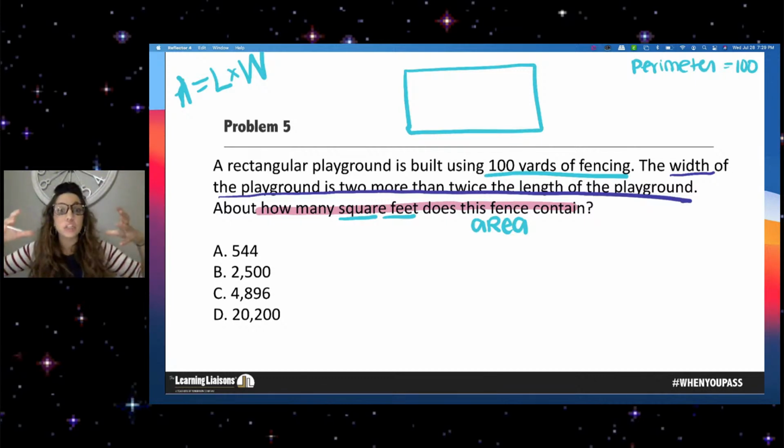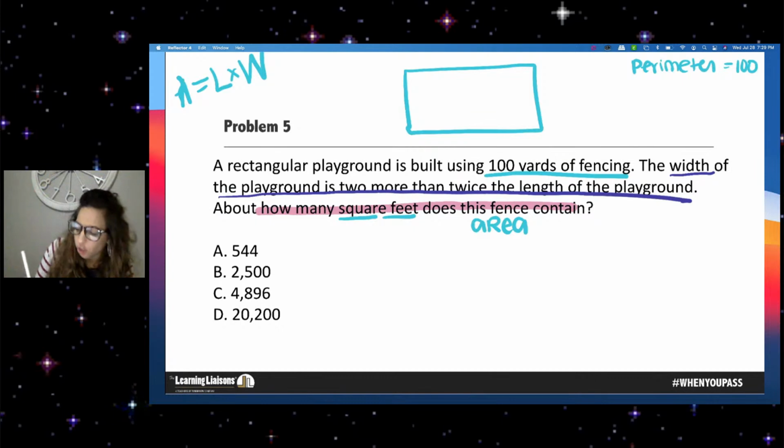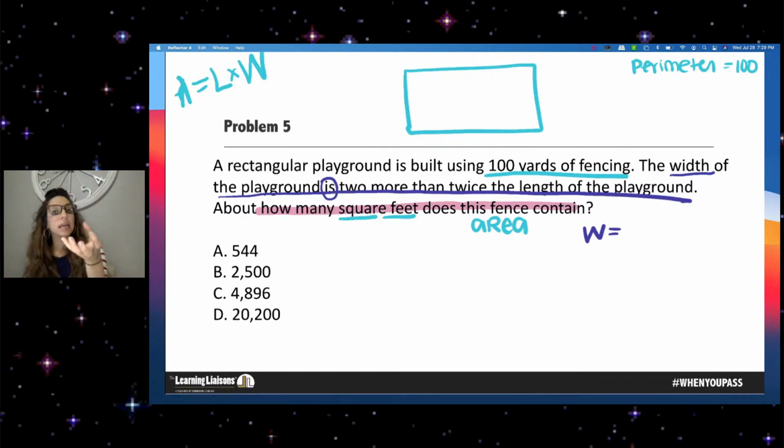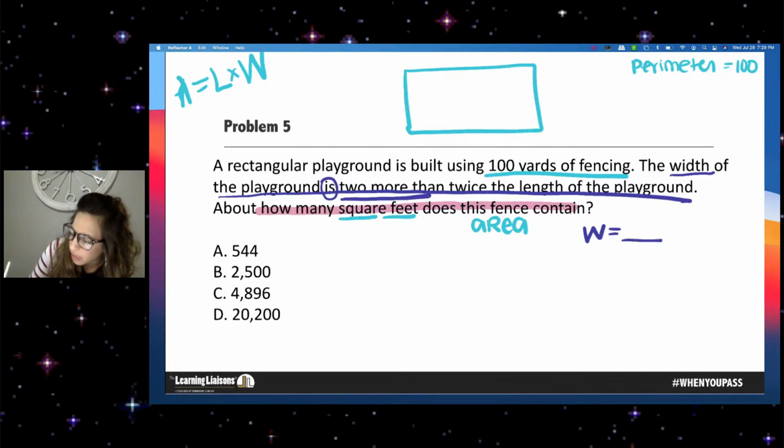So I'm going to literally take that sentence and translate it. The width is equals. When you're translating algebraic expressions or equations from words into symbols, you can pretty much count on the fact that "is" means equals. The width is 2 more than something, plus 2, twice the length.